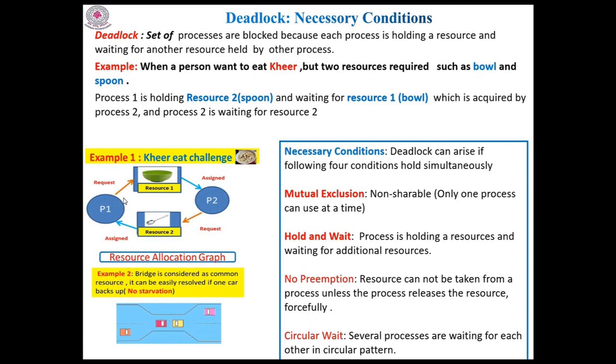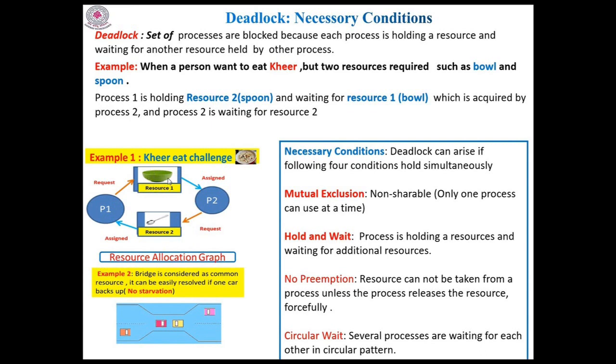Let us look at the same example. Let us assume P1 and P2 are both trying to access the resources at the same time. As per their capability, P1 might get a chance at resource 2 and P2 gets a chance at resource 1. Now P2 is holding resource 1, and P1 is holding resource 2. If P1 wants to eat, what additional resource is required? Resource 1.